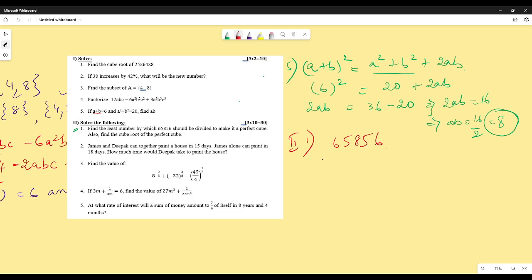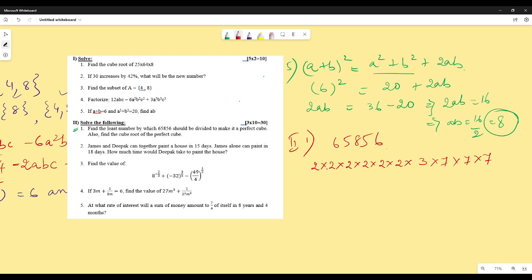So what we do first is we factorize it and find the prime factors of 658856. When you find the prime factors, you get 2 into 2 into 2 into 2 into 2 into 2 into 3 into 7 into 7 into 7.